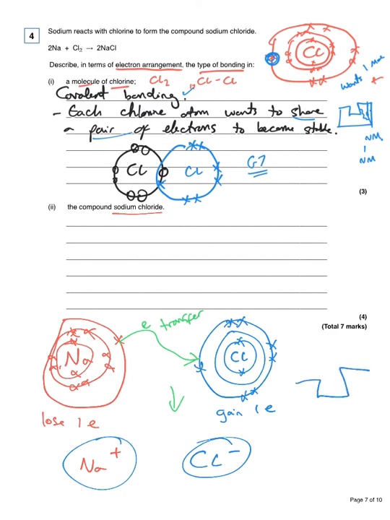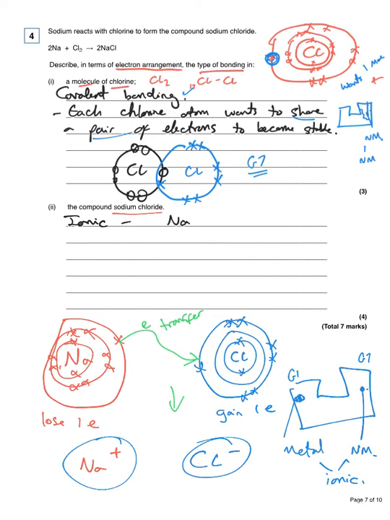If we're looking at the periodic table, sodium is here in group 1, so it's a metal. Chlorine is here in group 7, so it's a non-metal. A metal bonding to a non-metal is ionic. So, in terms of electron arrangement, describe the type of bonding in sodium chloride. So it's ionic. The reason, sodium has the electron configuration 2,8,1, so wants to lose one electron.